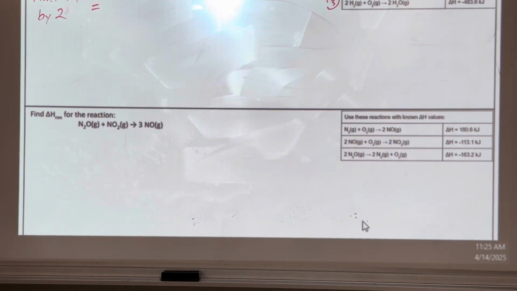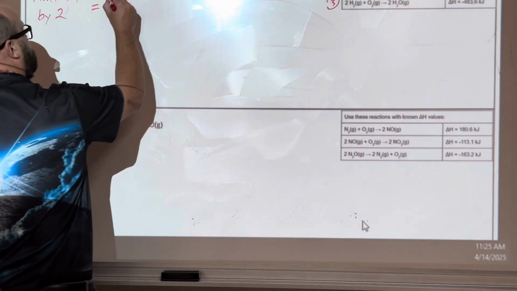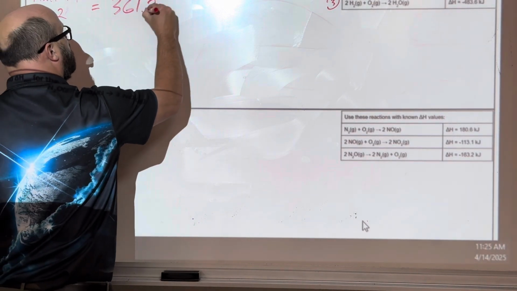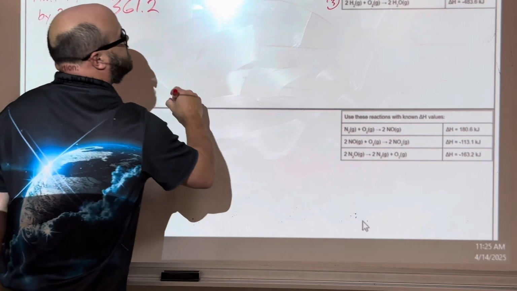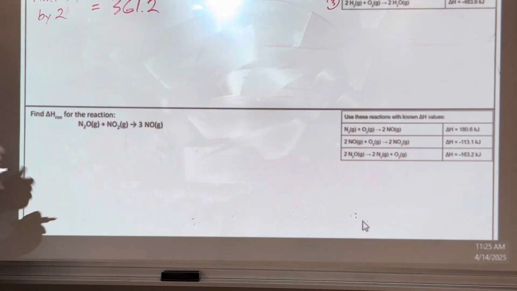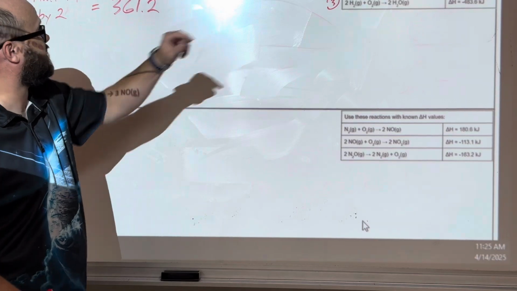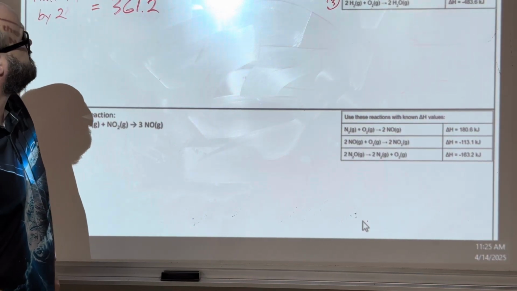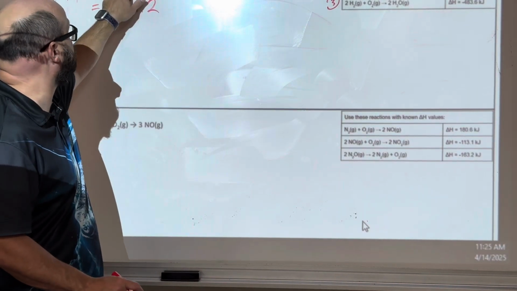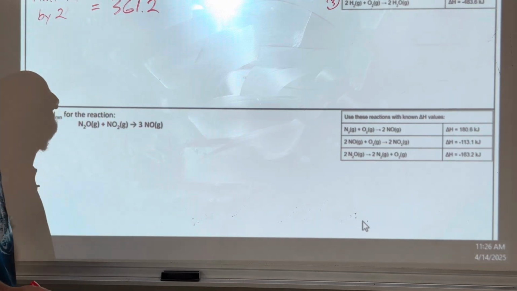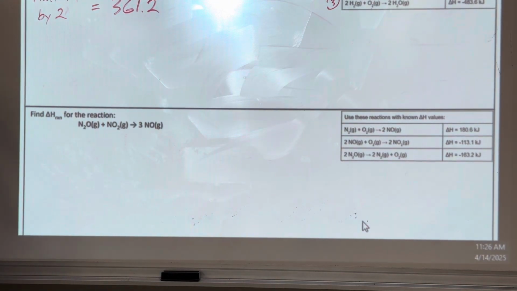The value was 180.6. Multiply that together, you get 361.2. And then let's see, what about number 2? NH3's on the product side. N2 and H2 aren't part of it. So we reversed.